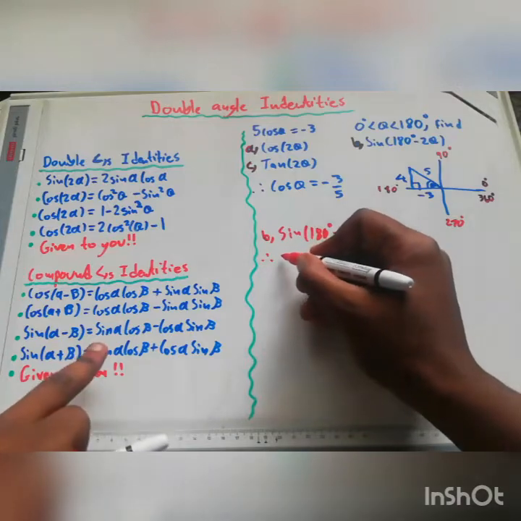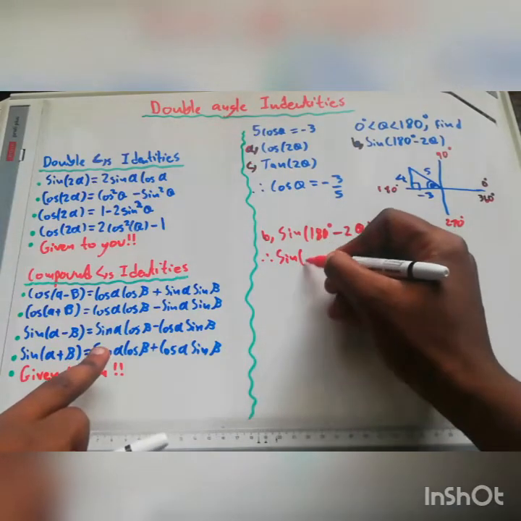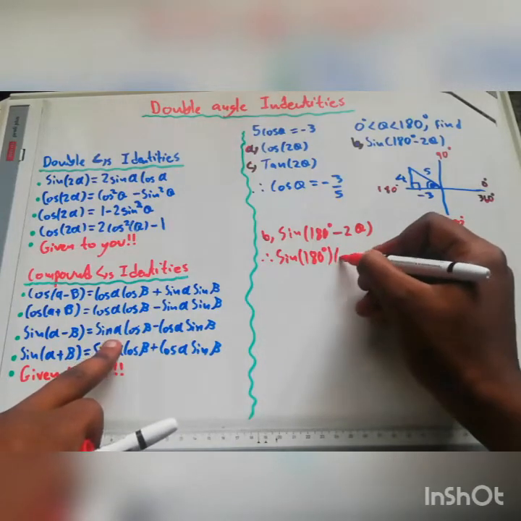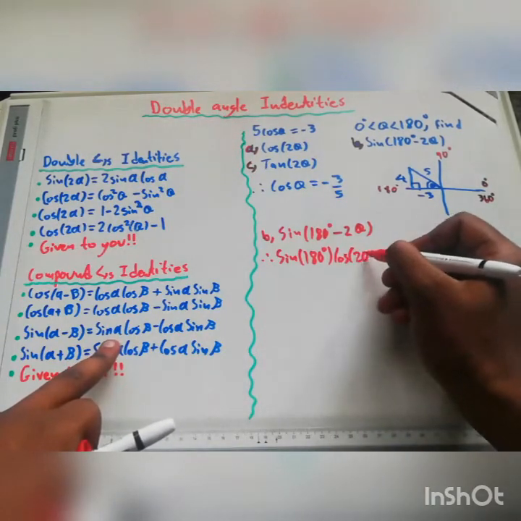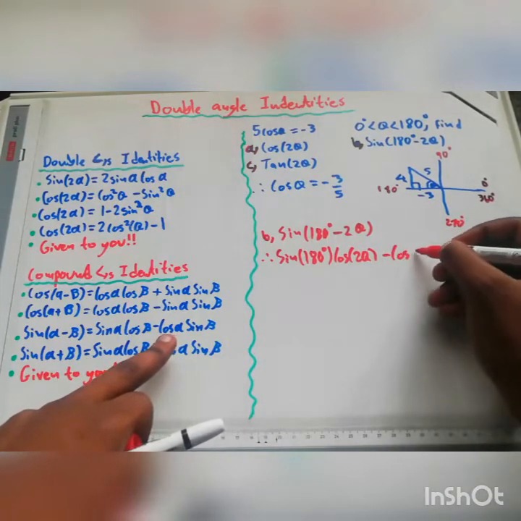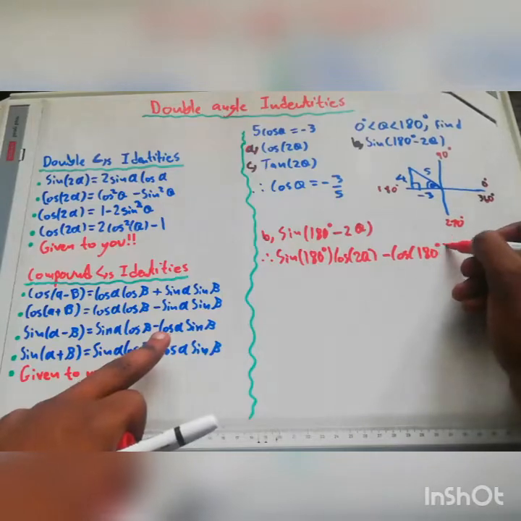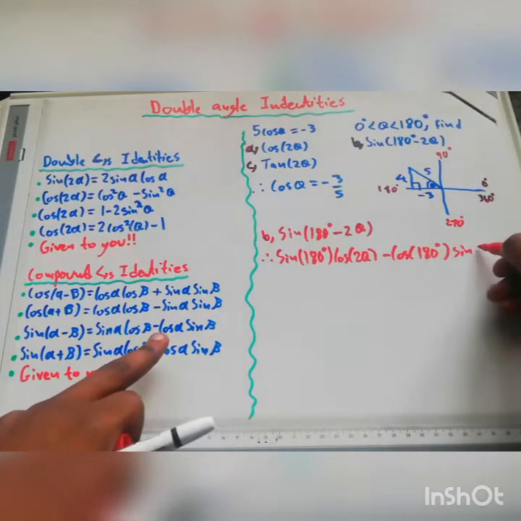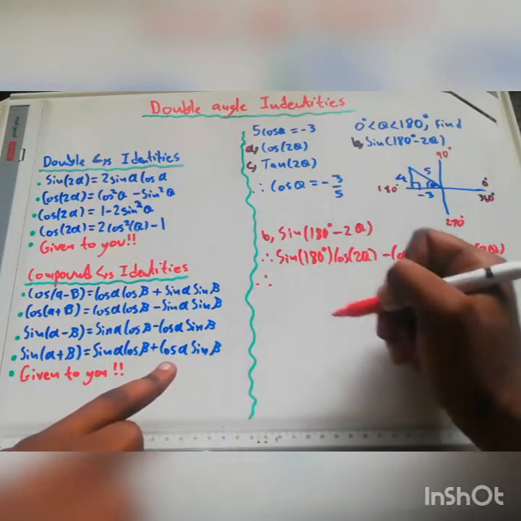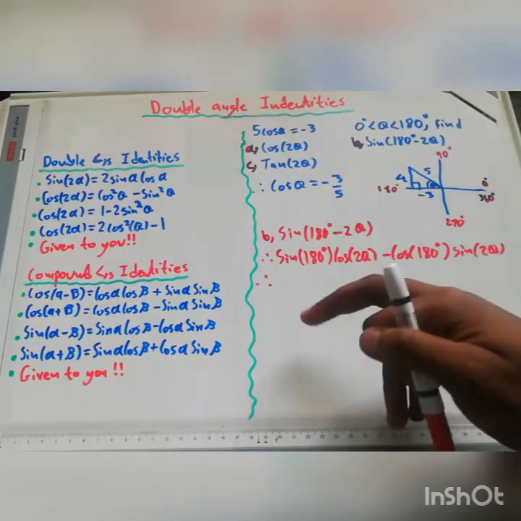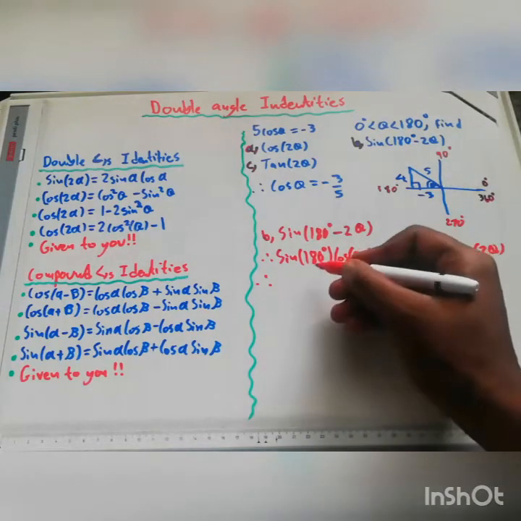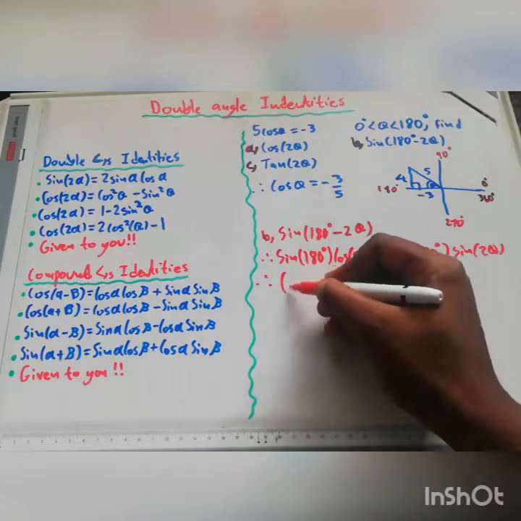So this one is the same as this one here. So it's going to be sine 180 degrees cos 2 theta minus cos 180 degrees sine 2 theta. Right, and then from there on, remember that the sine graph at 180 degrees is 0.